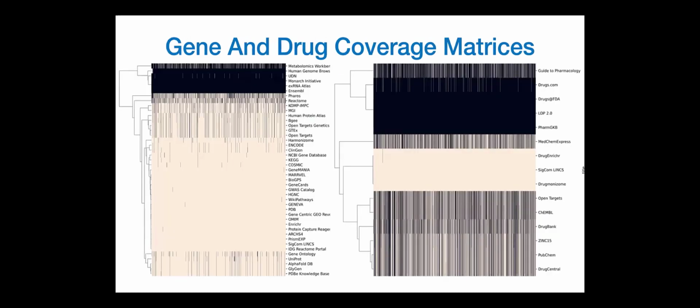To display the availability of genes and drugs across resources, we generated accessibility matrices. Genes and drugs are listed in columns of these matrices and resources in rows. Bright color represents the presence of a gene or a drug in a resource, while dark color indicates its absence.